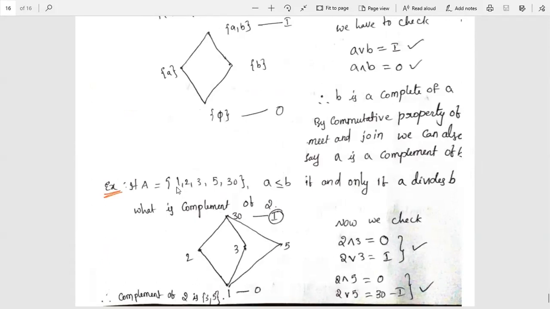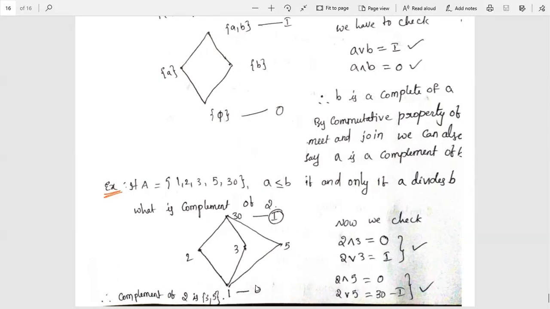First we have to draw the Hasse diagram for the given lattice. 1 is the least element, and 2 is divisible by 1. 3 does not divide 2, and it is divisible by 1, so 3 is connected directly to 1. 5 is divisible by 1 but not by 2 or 3, so 5 is also directly connected to 1.